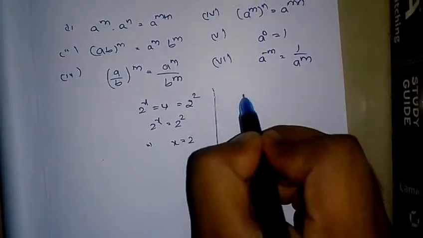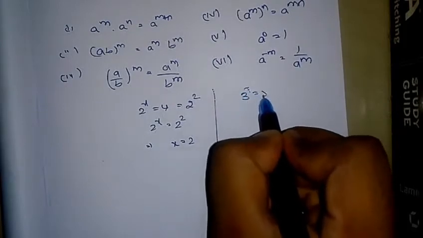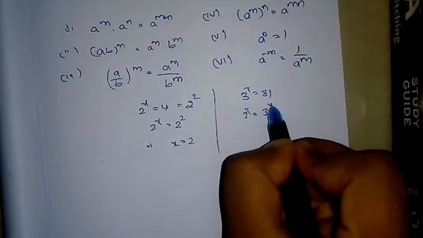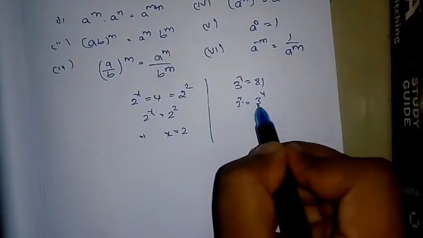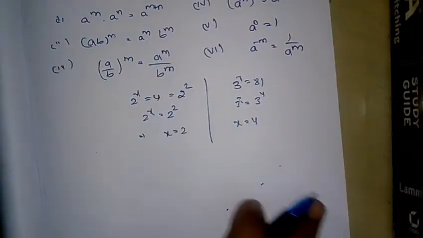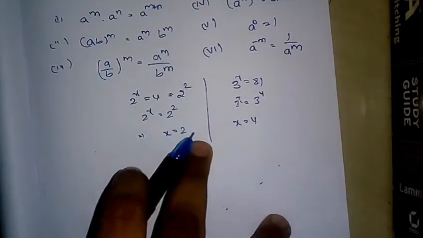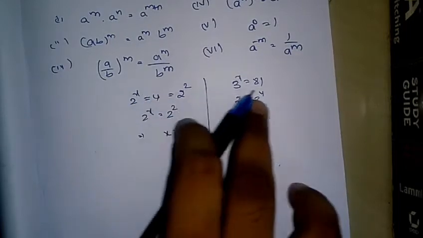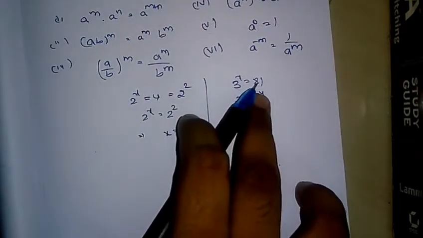One more example, 3 power x is equal to 81. 81 can be written as 3 power 4. Since bases are equal, powers must be equal. Implies x is equal to 4. These are easy because 4 is a power of 2 and 81 is also a power of 3.